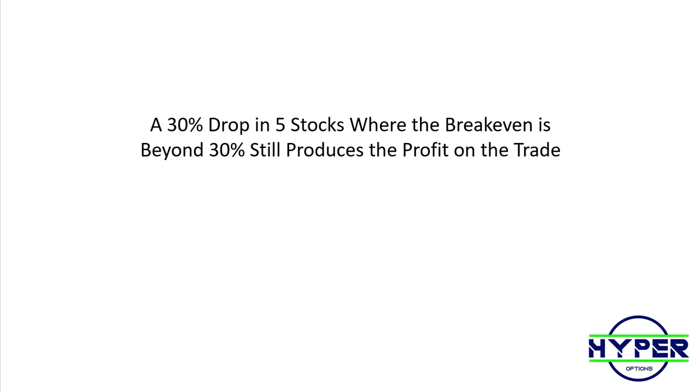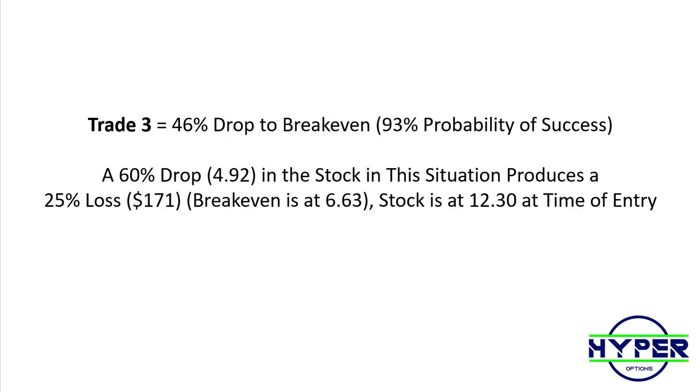So as long as your break-even level is beyond 30% in that particular stock, or if you have 5 different stock positions, you're talking about a scenario where there doesn't have to be a move up, there doesn't have to be a stagnation. There can even be a move down all the way to whatever the break-even level is. We'll just assume it's around 30%, and you still produce the entire profit on the trade, and it has to happen within that time period, right?